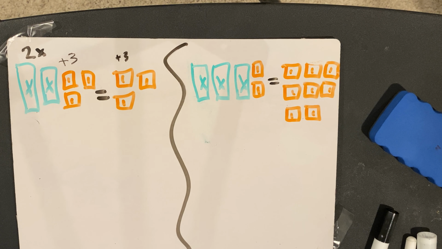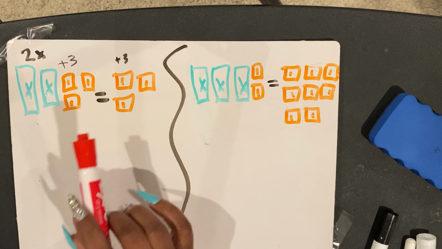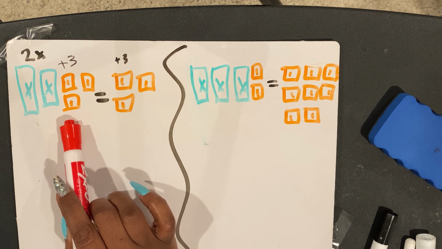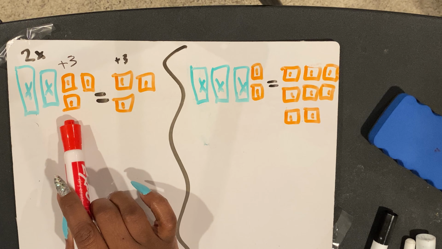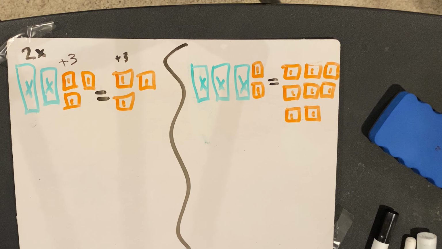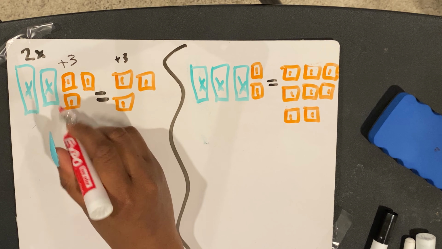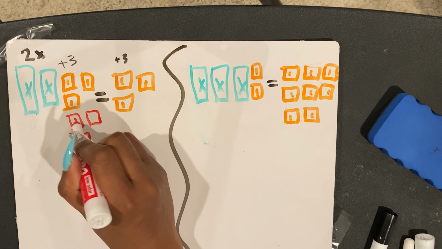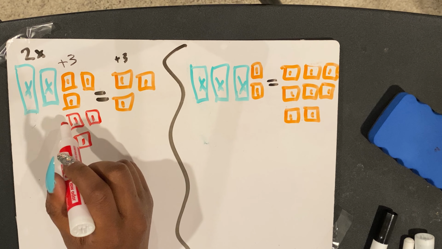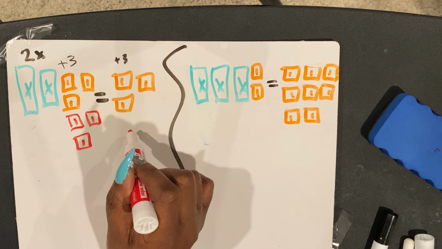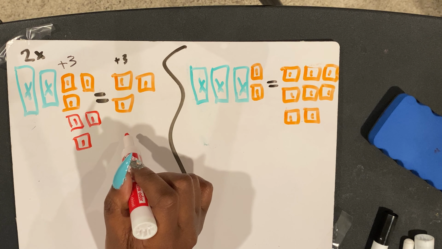I need to figure out my computation. The first thing is add or subtract. Well, what is the inverse? You're still isolating your variable. So get this by itself by doing the inverse of this. That means I need to have 3 of the opposite. And whatever I do to this side of my equal sign, I have to do the same thing to this side of my equal sign, right?